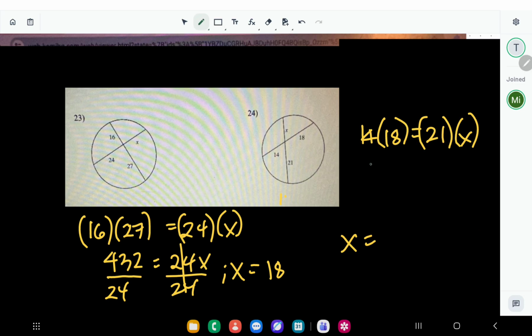So this is 252. 252, 21x. Divide by 21. So x is equal to 12. Is it 12? 24. Okay. No questions on this?